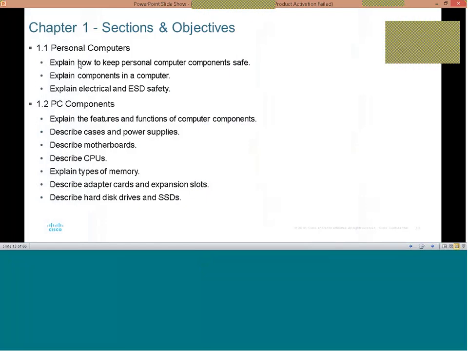The objective here is to be able to explain how to keep personal computer components safe, explain the components in the computer, and explain electrical and ESD safety, the full meaning of ESD being electrostatic discharge. And then we'll be looking at PC components.